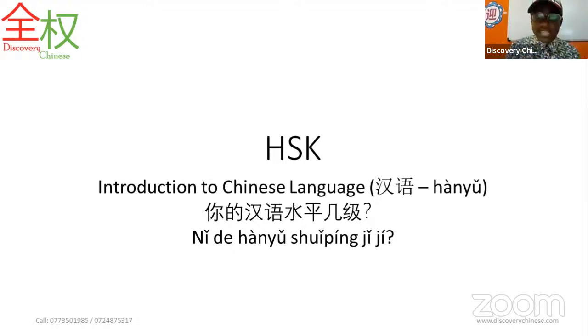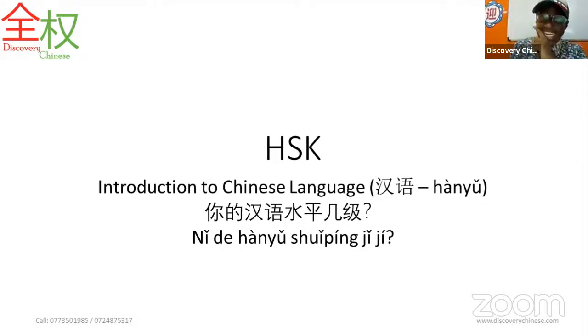Now, we've already looked at the words 汉语 and the word 水平. So we said 汉语 is the Chinese language. 水平 means the level. So when I ask you, 你 means you. So 你的 is a possession word. Whenever you add it after a noun or a pronoun, it means something that belongs to that person or that thing.